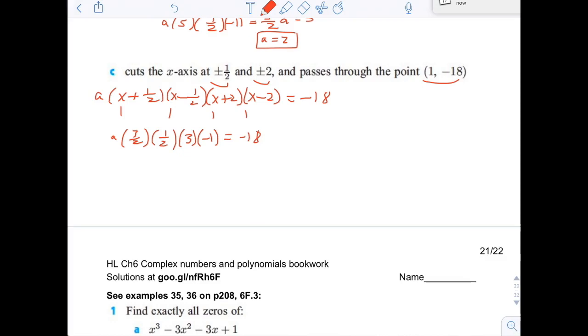So the numerator would be 3 times negative 1, which is negative 3, and the denominator would be 4. So let's divide both sides by negative 9. We'll get 2, because negative 18 divided by negative 9 is 2. Multiply both sides by 4, so we get that a is equal to 8.